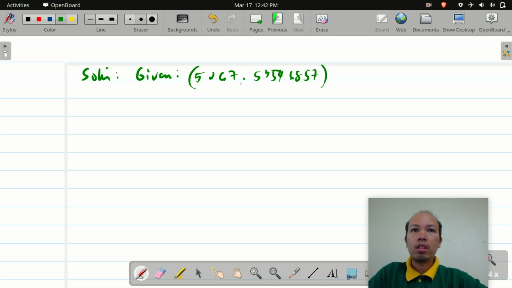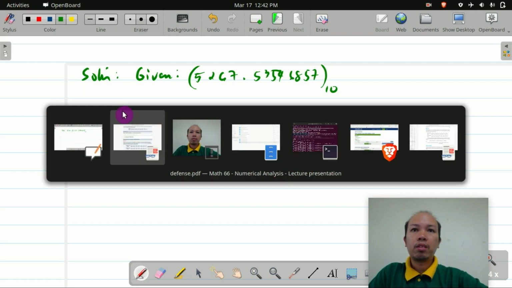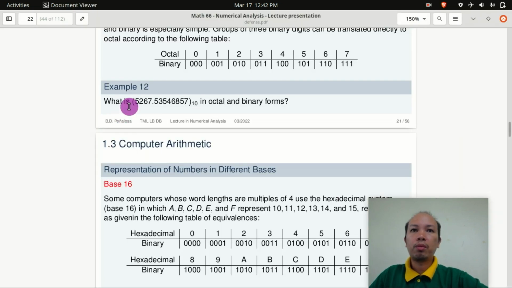This is in base 10. Our question is to convert it to octal and then to binary.